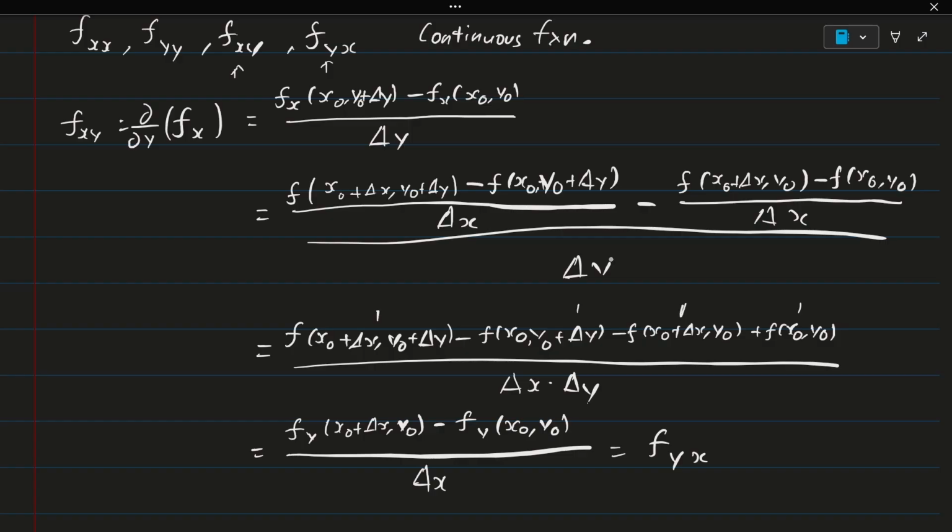So this literally only works when the function is continuous. This is something that you need to keep in mind if you want to use this kind of property of symmetry.